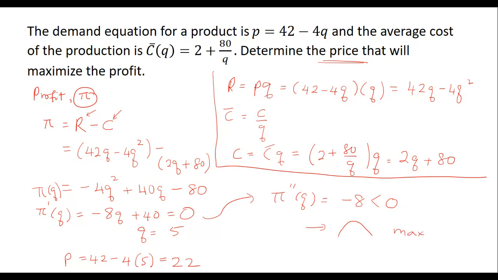So in this case, you know that since pi double prime equal to negative 8 for your p equals to 22, your profit function double prime is negative 8, so this one is a maximum, so you can safely say that now your p is your price where your profit is maximum.